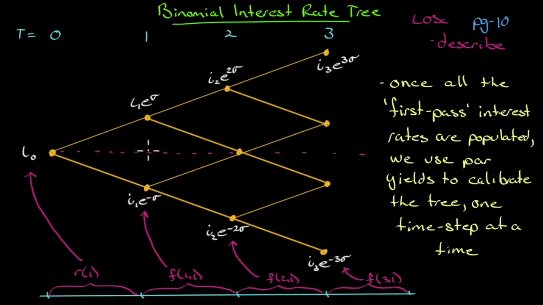Notice that whatever our forward rate is here, look how we get our first guess. This is our first guess now on the upper and lower bound. It is the forward rate multiplied by e to the power of sigma. The next one is e to the power of 2 sigma. This is e to the power of 3 sigma, of course, with the proper forward rates.